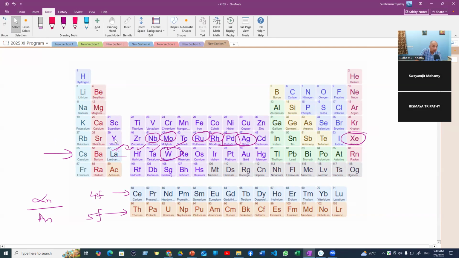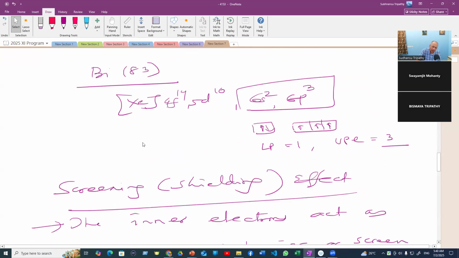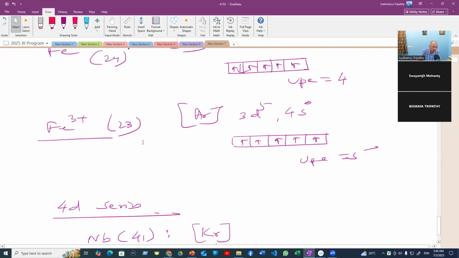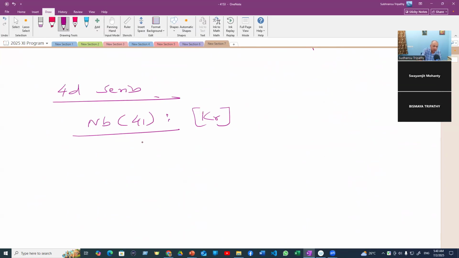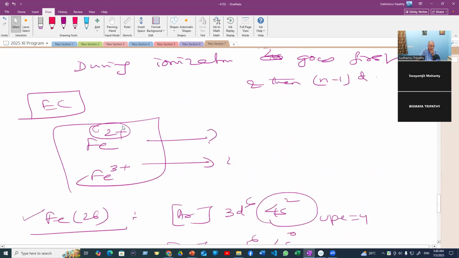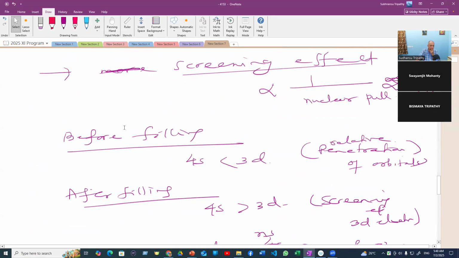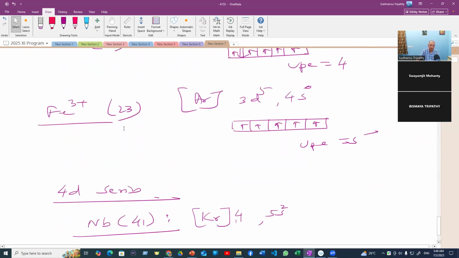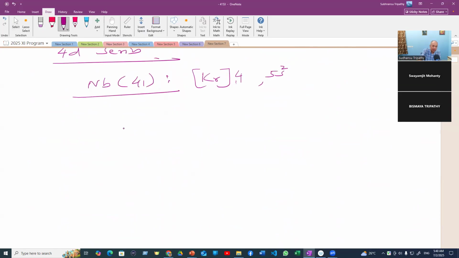Then you have to count 4d. You just write down whatever will be according to Madelung's rule. This is 5s2, then 4d, how much? 41 minus 36 is 5, so 4d3. But this is wrong.